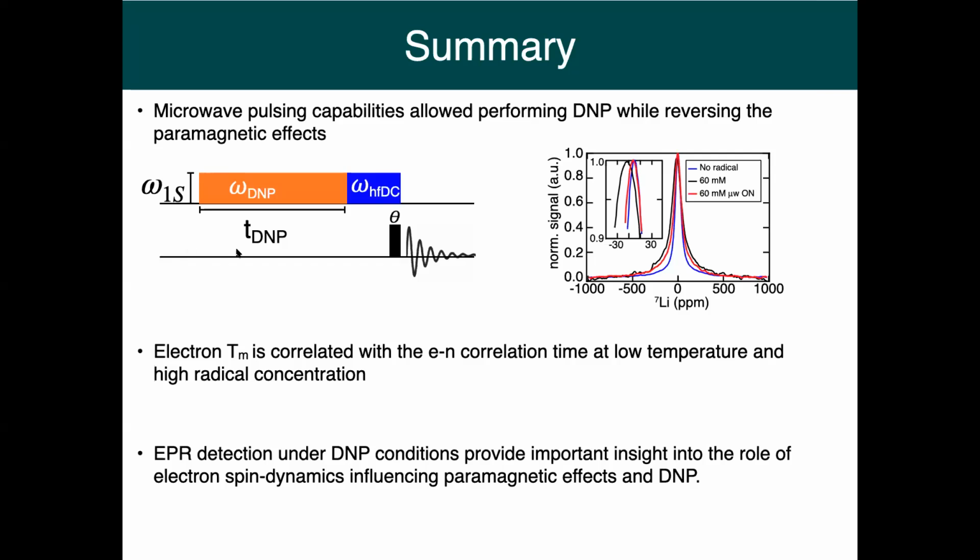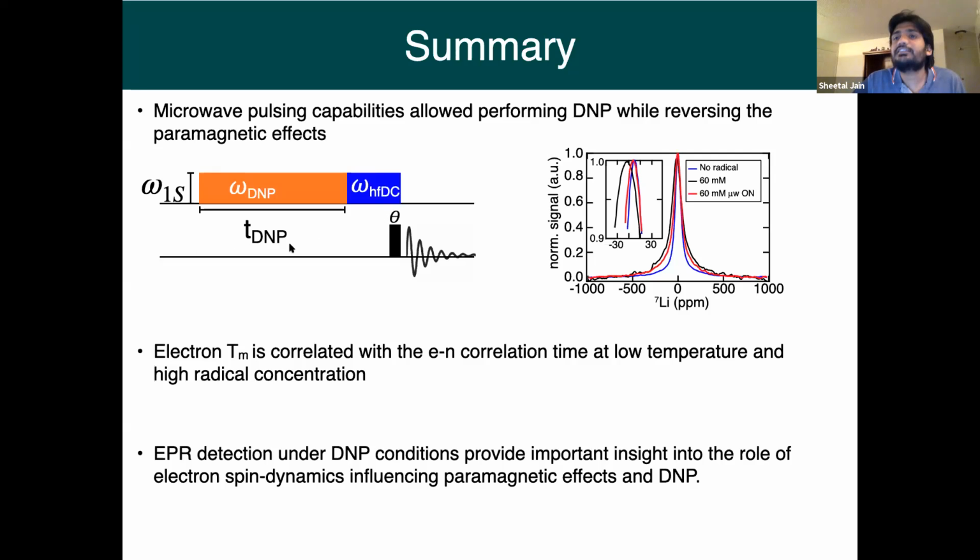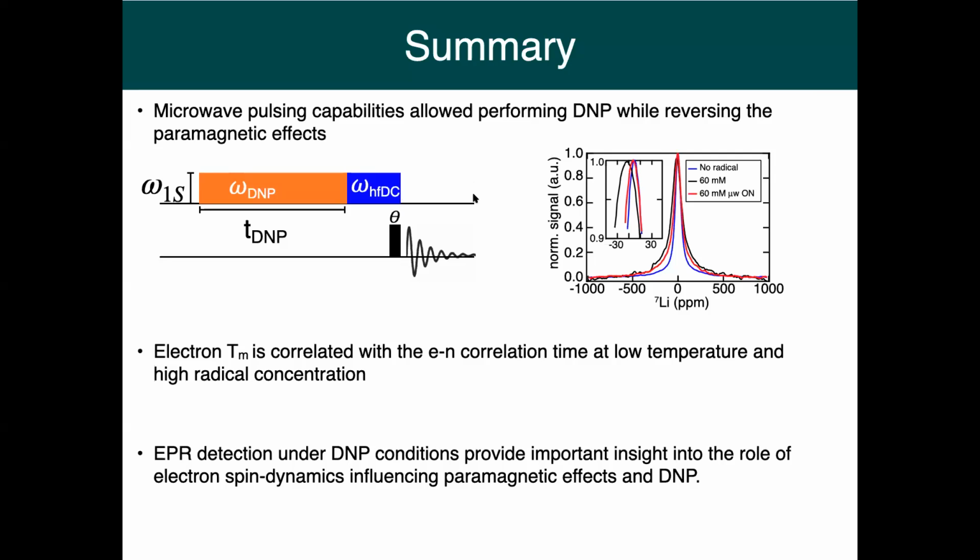In that case, if you notice here, we do not put microwave power during the acquisition, so this is not the active decoupling. In that work, they actually did electron nuclear decoupling by irradiating during the NMR signal detection, and they varied the microwave frequency. So it's mechanism-wise different from that.